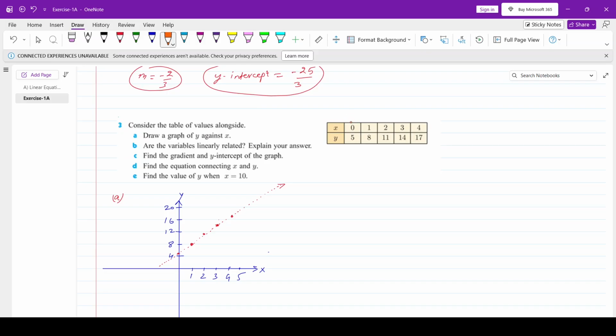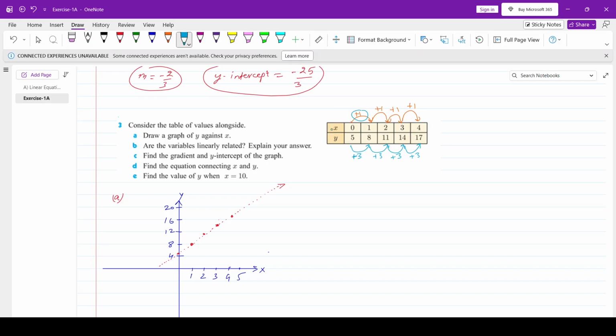So as we see, when we go from 0 to 1, how much are we increasing or decreasing? We are increasing 1, again 1, again 1. While going in the direction of y, how much are we increasing in every step? 5 plus 3. We increased 3, plus 3, again plus 3, again plus 3.